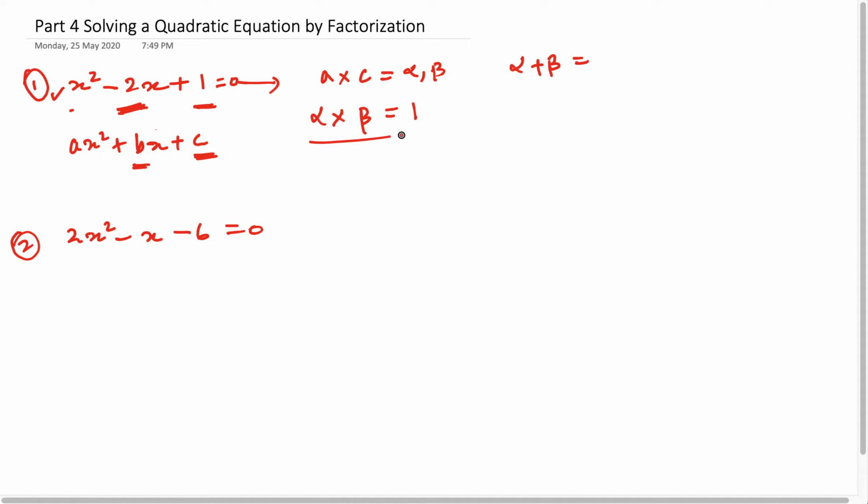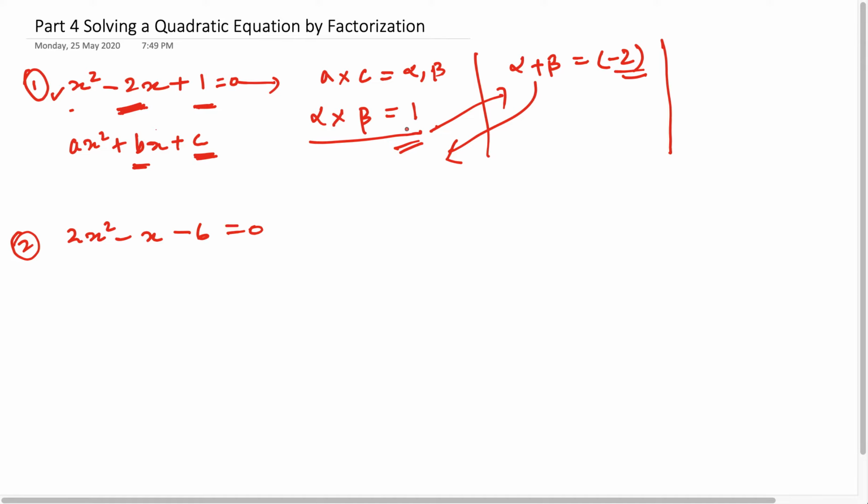At the same time, you need alpha plus beta equal to minus 2. Now one very good thing about solving these kinds of questions is that you can start from either the product or the sum and reach the other. Let me show you how.